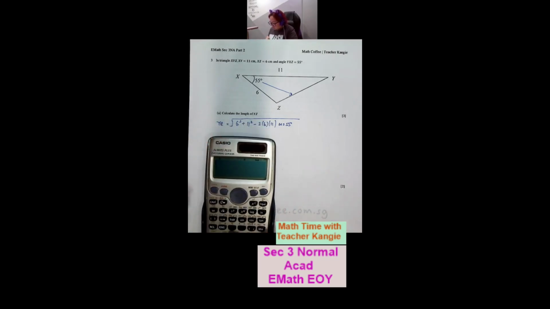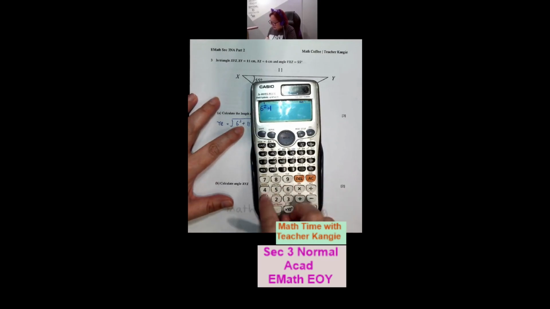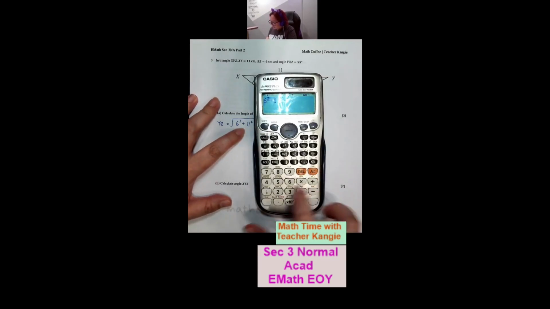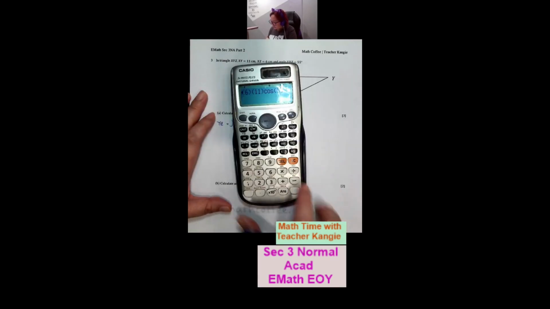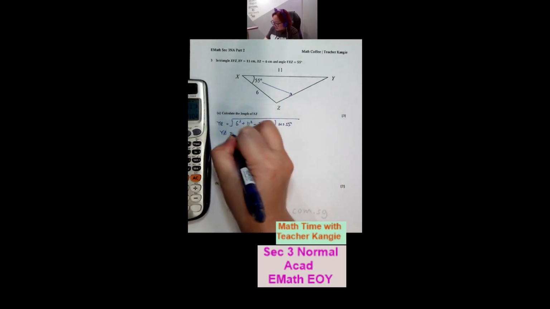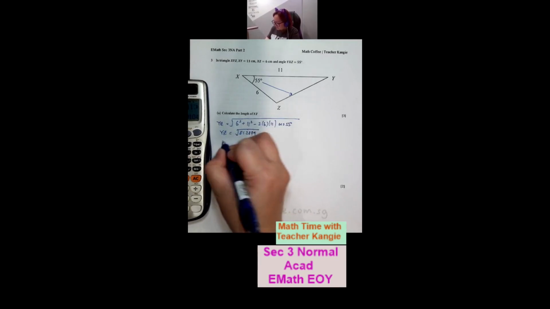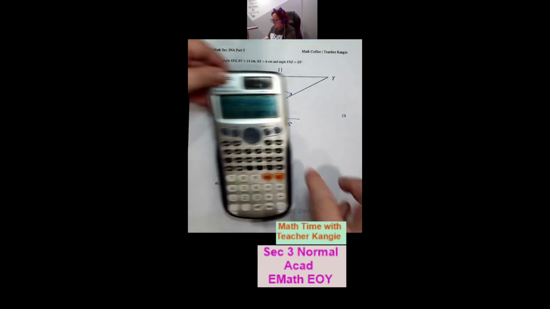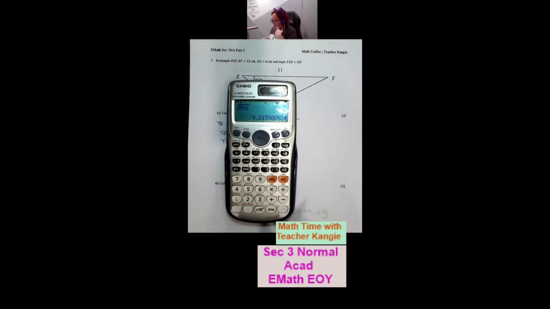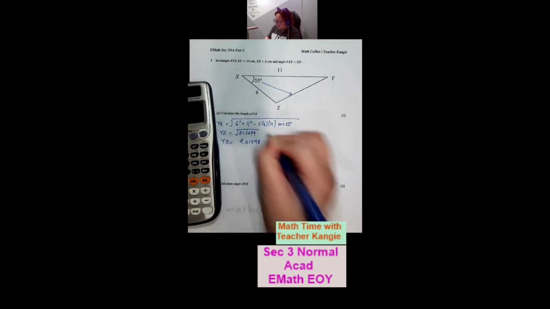Okay, so now I'm going to do 6 square plus 11 square minus 2, 6, 11 cosine 55. Press equal. So YZ squared is equals to 81.2879. So YZ is the square root, so I get 9.01598.